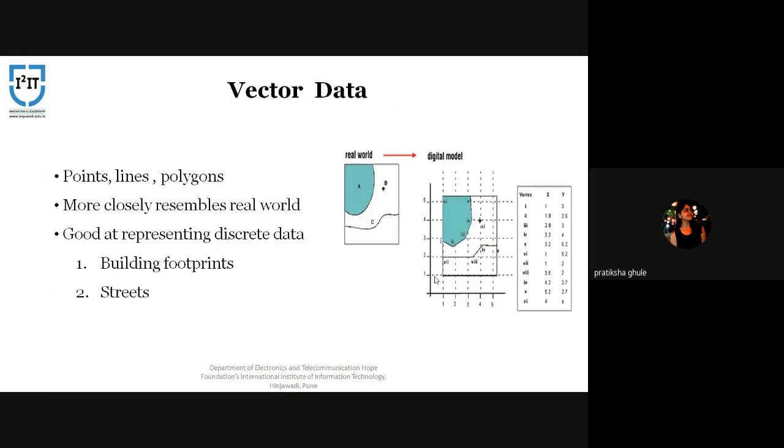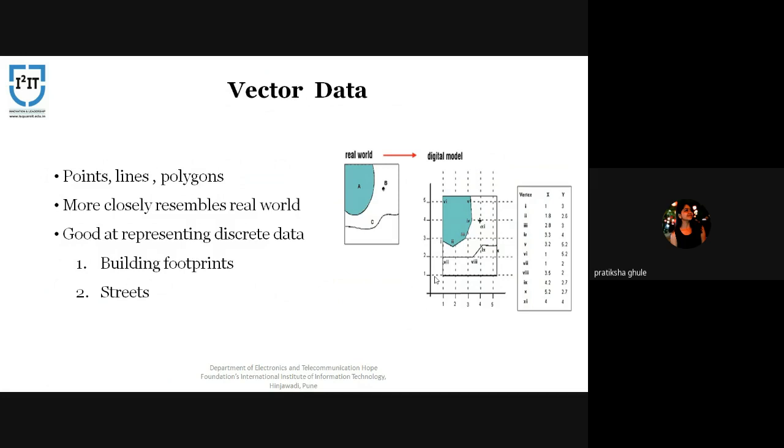And second is the vector data. Vector data basically uses points, lines, and polygons to represent the data. So it closely resembles the real world. We can take the example of a building footprint. We can draw the points and then connect them, and it will make a vector, a kind of geometrical shape. So that is vector data.